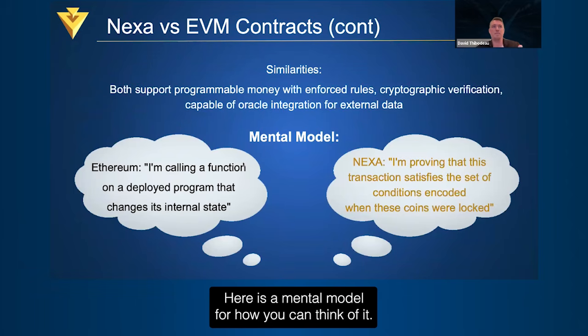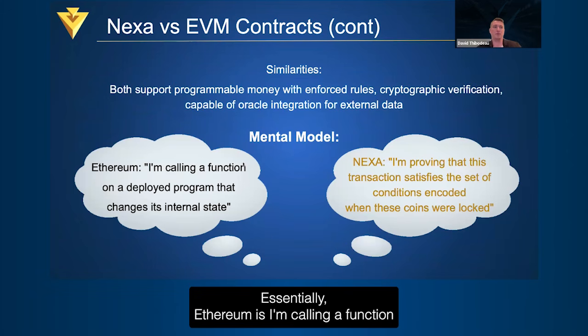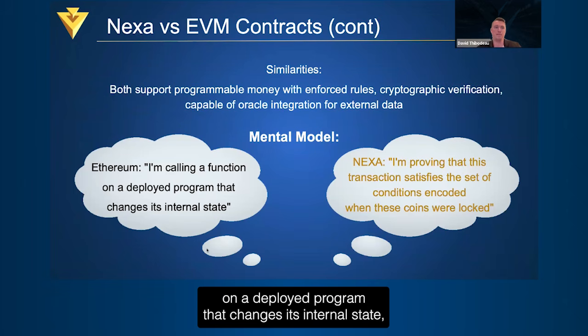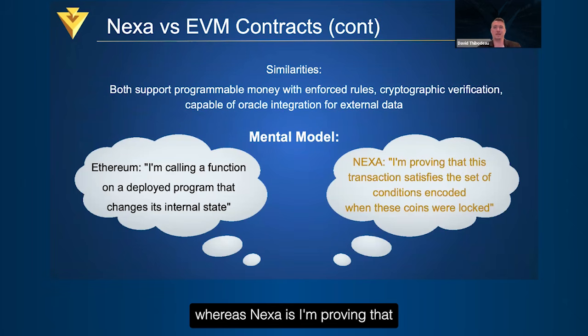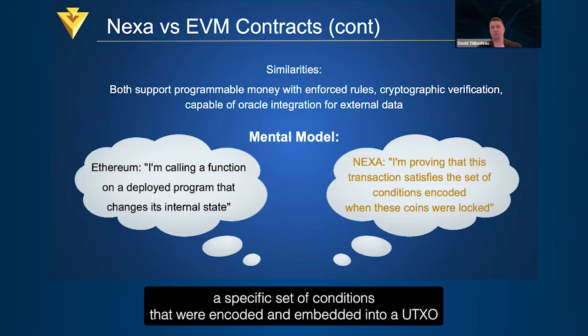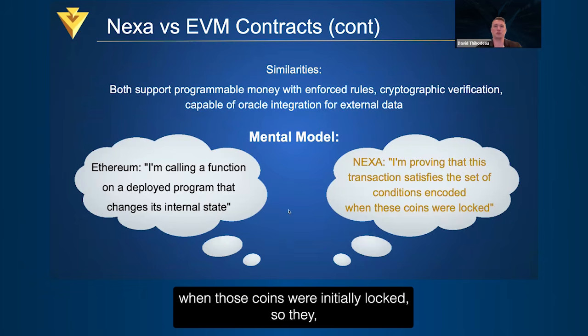Here is a mental model for how you can think of it. Essentially, Ethereum is I'm calling a function on a deployed program that changes its internal state, whereas Nexa is I'm proving that a specific transaction satisfies a specific set of conditions that were encoded and embedded into a UTXO when those coins were initially locked.